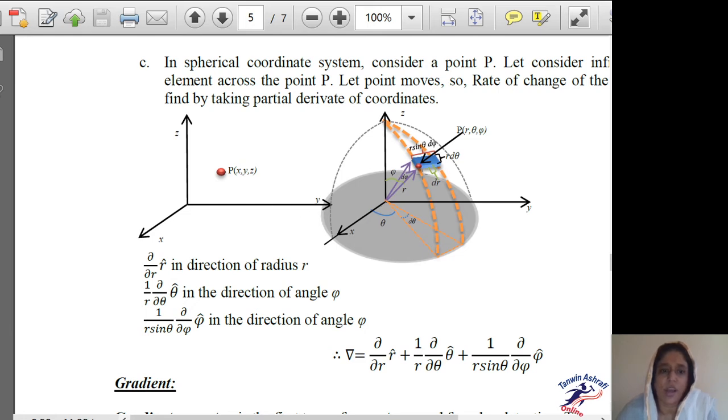Therefore, in the direction of r, we have ∂/∂r r cap. In the direction of theta, we have 1 upon r ∂/∂theta theta cap. In the direction of phi, we have 1 upon r sine theta ∂/∂phi phi cap.